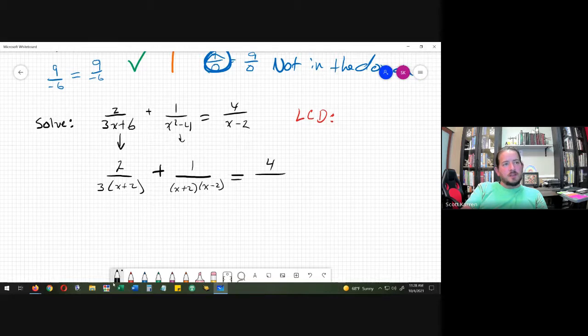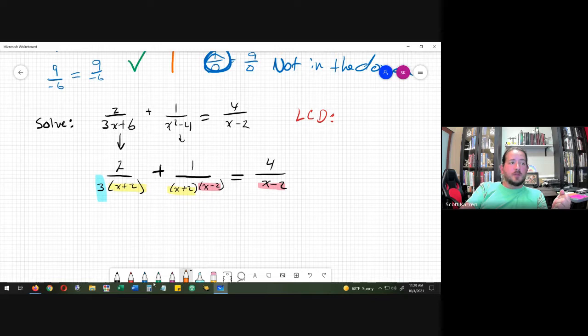And then this last one is just x minus 2. There's nothing to factor. So I have x minus 2 that appears. I have x plus 2 that appears. And then I have a 3, right? And that's my lowest common denominator, the product of each of those three factors.